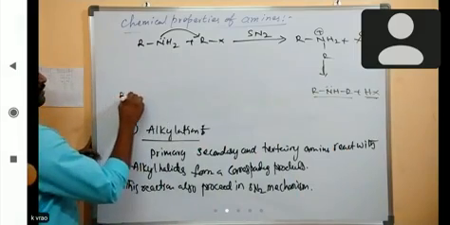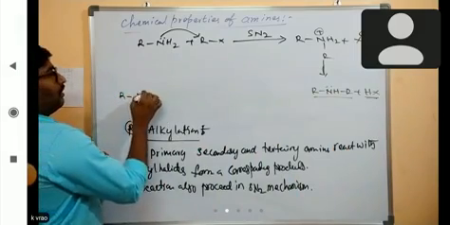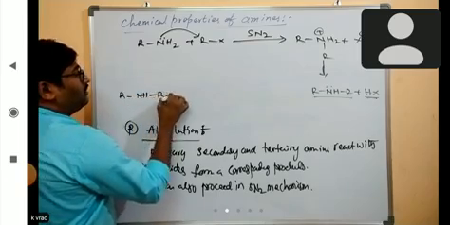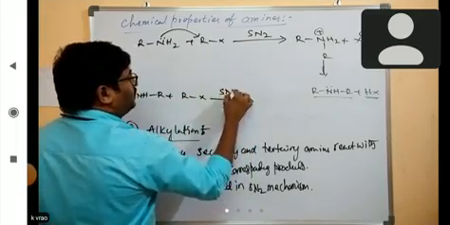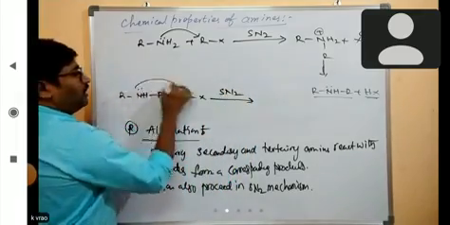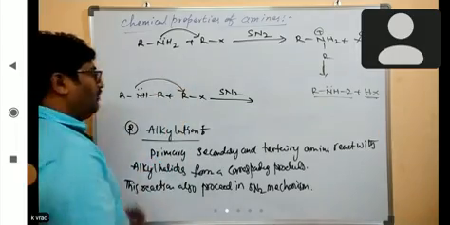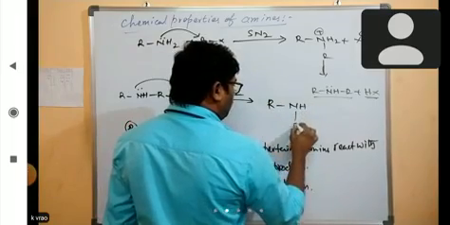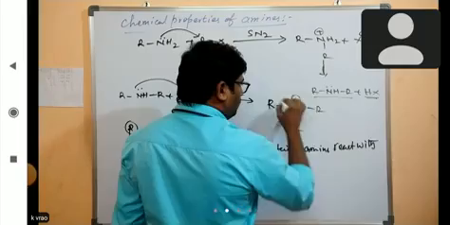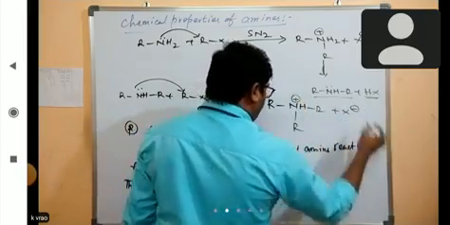Next, RNHR plus RX, an alkyl halide, by the SN2 mechanism gives the lone pair of electrons to the R. It gives RNHR R plus X minus.